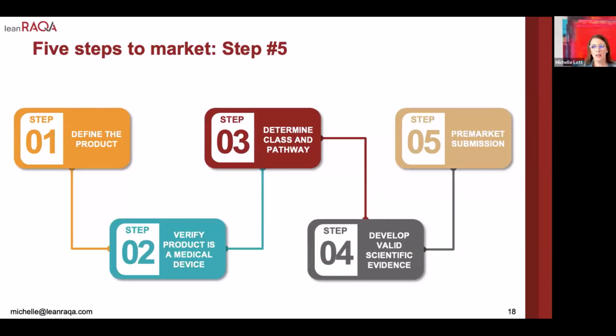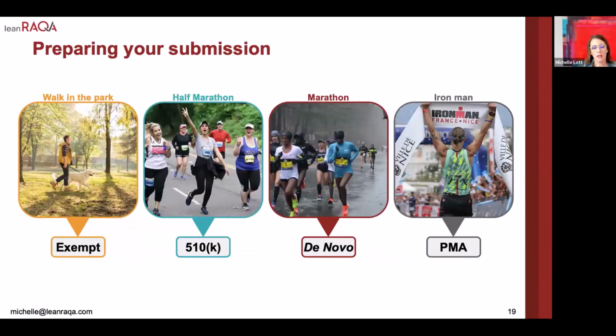And then in the US, there are different types of pre-market submissions, and these can range in the realm of intensity from a walk in the park to an Ironman marathon, because you could fall into one of those class 2, or there's a handful of class 1 devices that are generally 510K exempt, but then there's a subset that requires 510Ks.